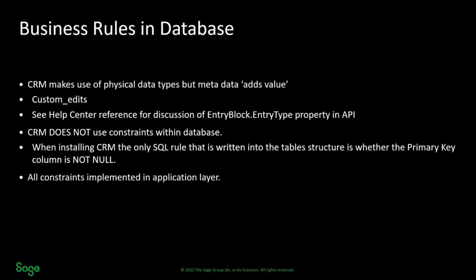We can create business rules. I started to introduce the concept of business rules in the last lesson. A lot of business rules can be expressed simply by the definition of the correct field type. So if, for example, you want to ensure that a field only contains integer values, then you know you're going to need to select a numeric type, which is only going to allow for integers to be entered.